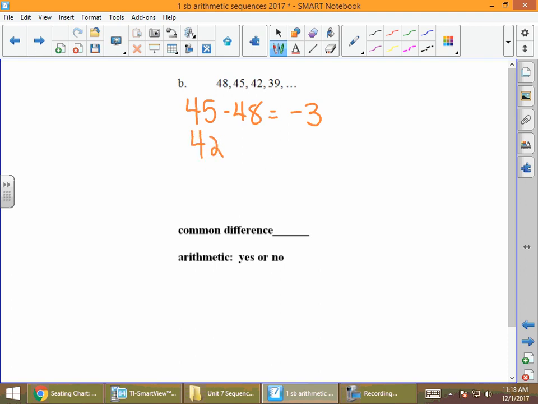Or 42 minus 45, which is negative 3. 39 minus 42 is negative 3. Because that value is the same when we subtract, our common difference is negative 3. And again, this one's arithmetic. If that negative 3 is not the same every single time, then it is not an arithmetic sequence.